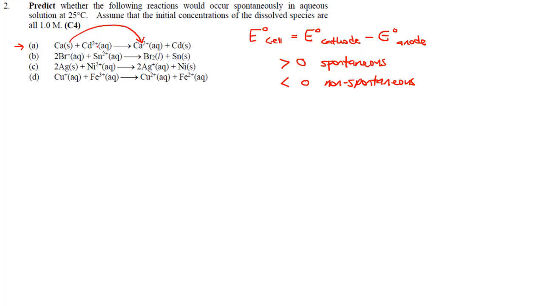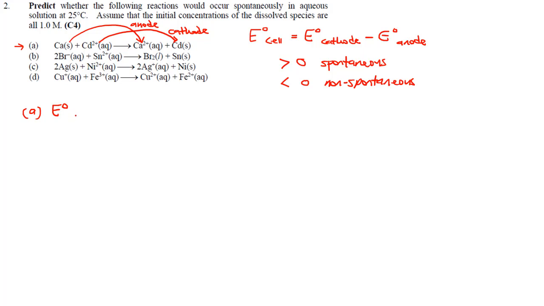Okay, sebab daripada calcium solid ni oxidation number dia 0 kepada positif tu, dia undergoes oxidation. So ini adalah kita punya anode. Okay, next kita tengok cadmium, dia undergoes reduction, kita punya cathode. Okay, so ni you kena boleh tentukan dululah siapa anode, siapa cathode.